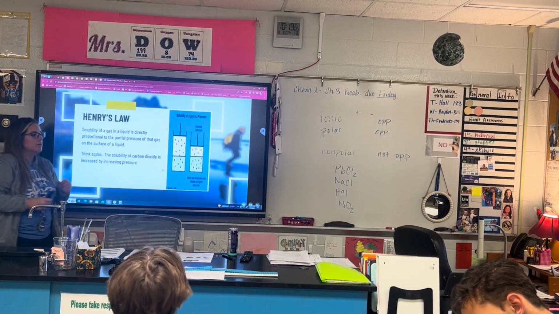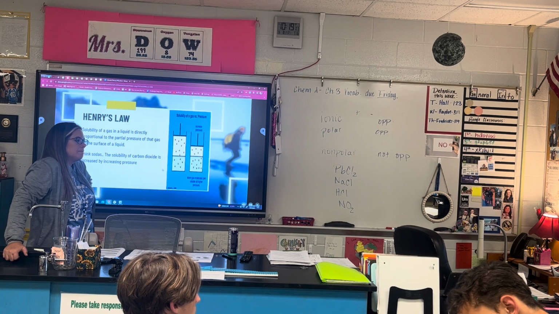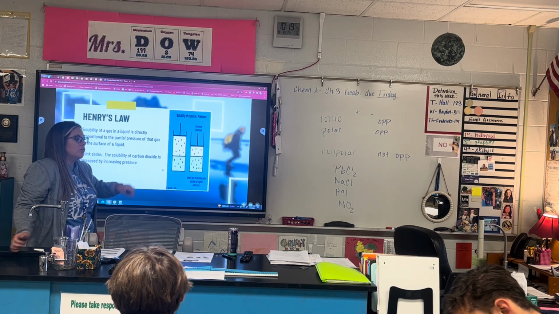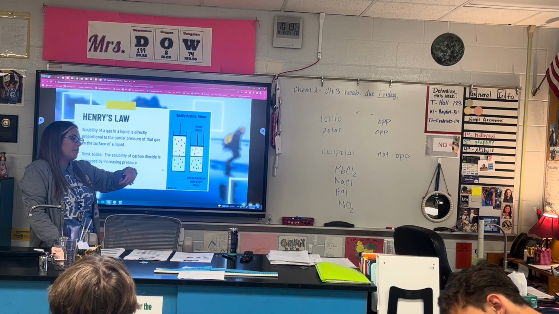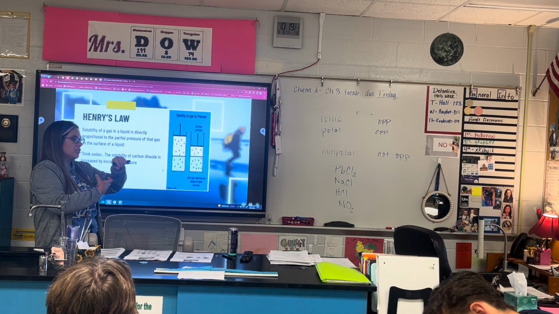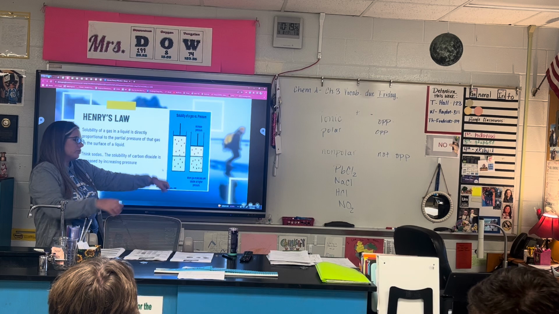So is it like when you have an empty water bottle, and you start twisting it and it starts building up more pressure? It's kind of like that. Well, in that case, you're also decreasing the volume of your container, so it builds up pressure because the particles have less room to move.